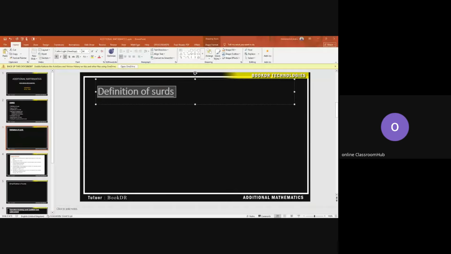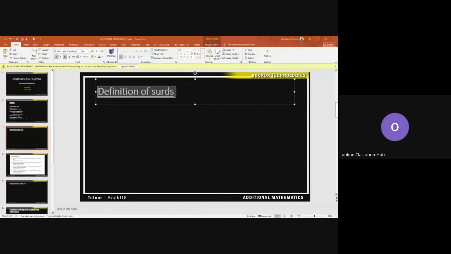So you all did well. When I say it's irrational, it means it cannot be expressed in the form A over B. Good. But not all irrational numbers are surds. Example, the pi that we know.